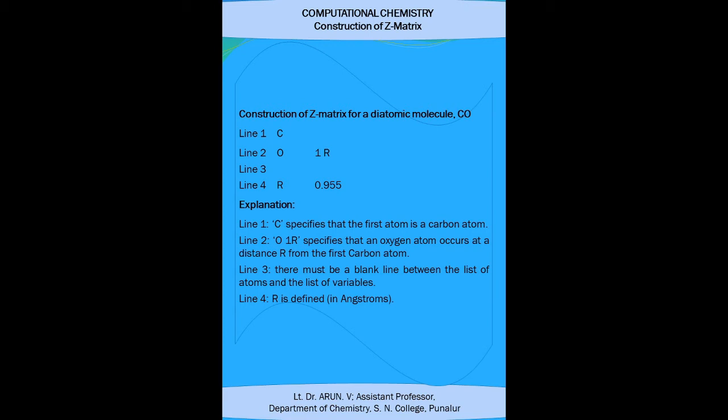Let us explain what this means. Line 1 represents carbon, that is, the first atom is a carbon atom.